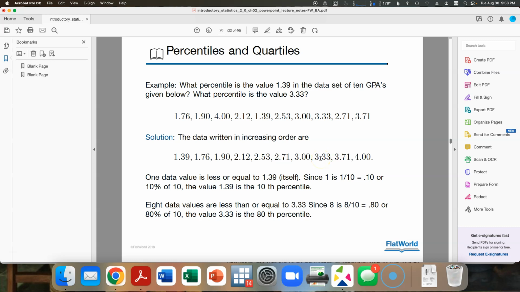So it's the 8th number in this 10 number set. So that places it at the 80th percentile. What does that mean? That basically means that 80% of the observations are less than or equal to 3.33. In the 10th percentile, this is the first, but you would have 10% of observations less than or equal to 1.39.